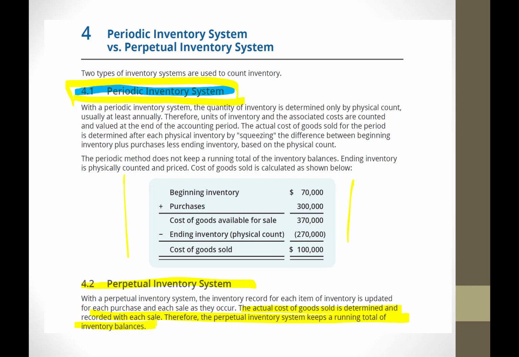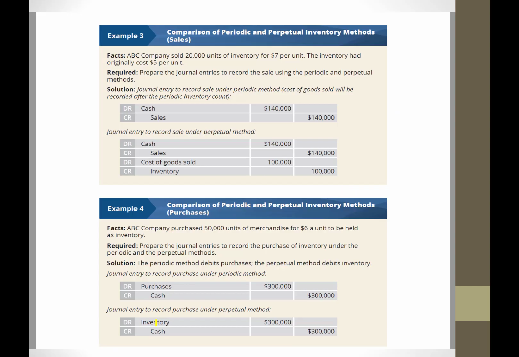One, computers. Two, barcode scanners. So that now, when you go to the store and they're checking you out, and they bleep, you think, oh, they're doing that so they can give me my receipt, but they're also doing that because it's updating their inventory records as you're buying stuff. So most companies do that, but we need to be aware of the periodic method in this class.